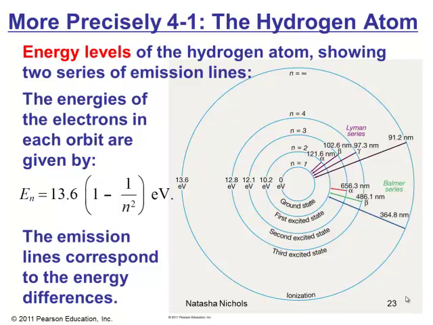Now, when the electron is at the closest allowable step or ladder or radius or location away from the nucleus, we call that the ground state, and we label that n equals 1. So that is n equals 1, which corresponds to 0 electron volts.